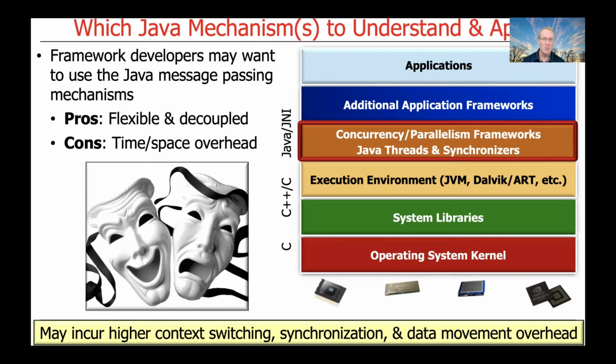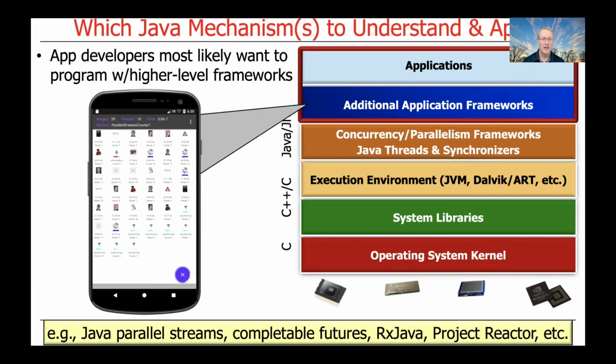And that's because there can be higher levels of context switching, higher levels of synchronization, more data movement overhead, which ends up perturbing instruction and data caches, and so on and so forth. So message passing is a good paradigm for framework developers, but won't necessarily get you the raw performance that using those shared object synchronizers may, that we talked about earlier.